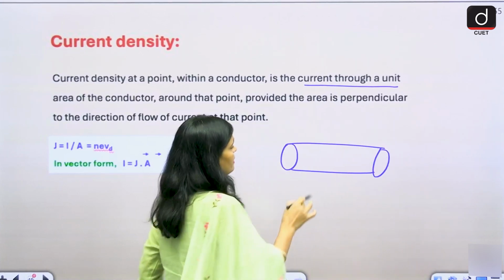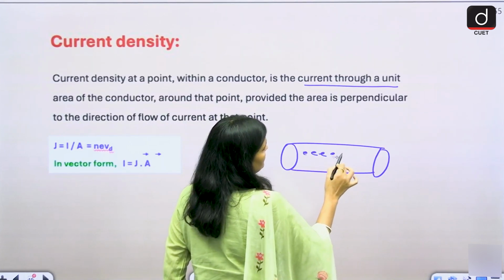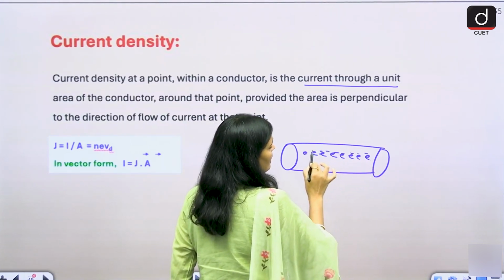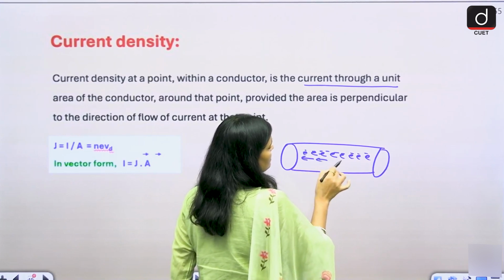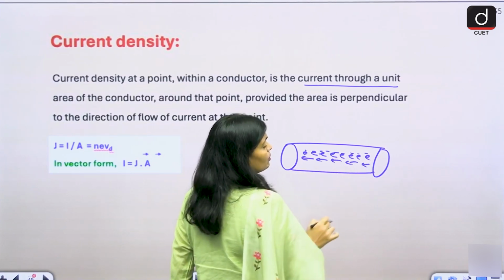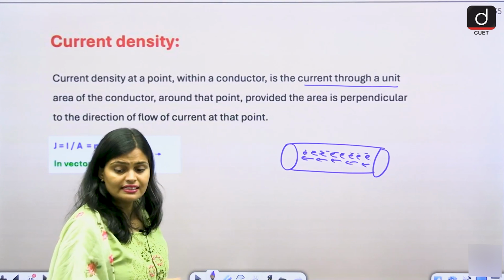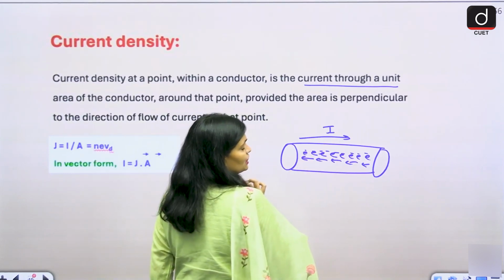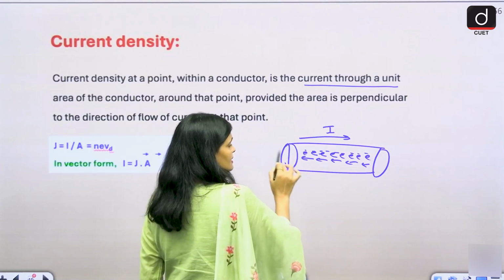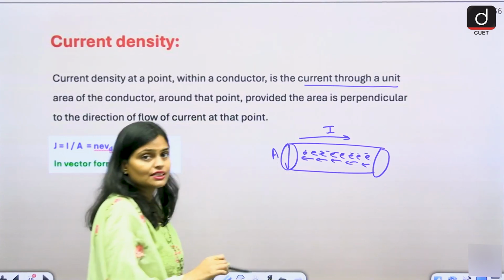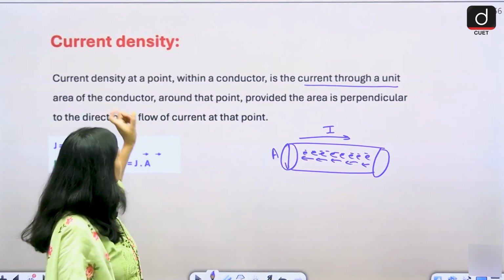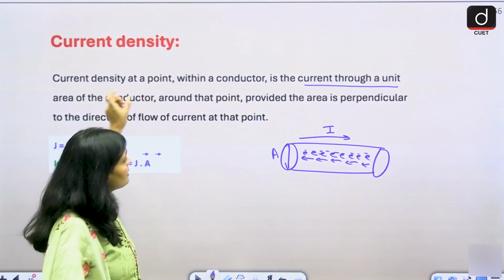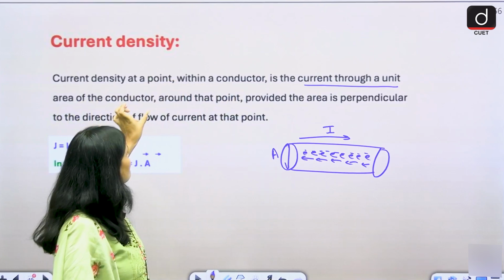Now this conductor is full of free electrons, and these electrons are moving in this particular direction. When they move in this direction, the current is in this direction. And this conductor has some cross sectional area.